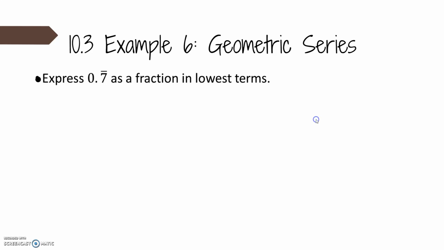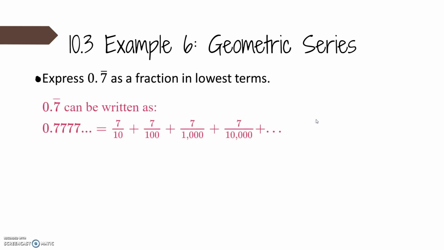So 0.7 with a bar is obviously 0.777777, continuing on forever. Well, the first 7 represents 7/10ths. The next place value represents 7/100ths. The next 7 would be 7/1000ths, and then 7/10,000ths, and so on.